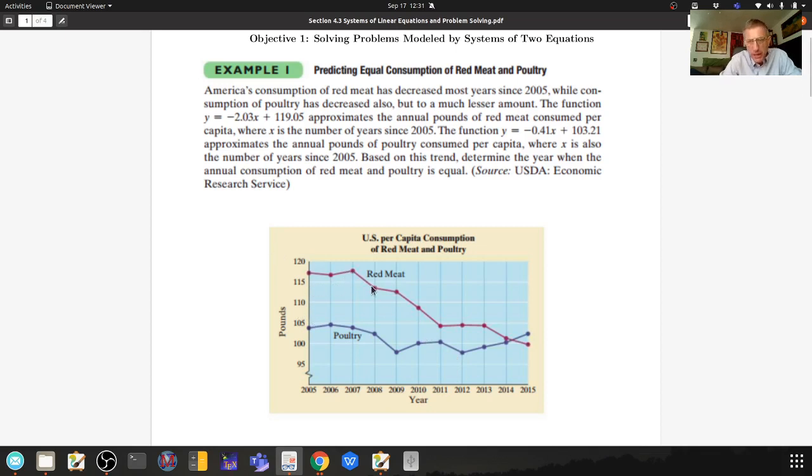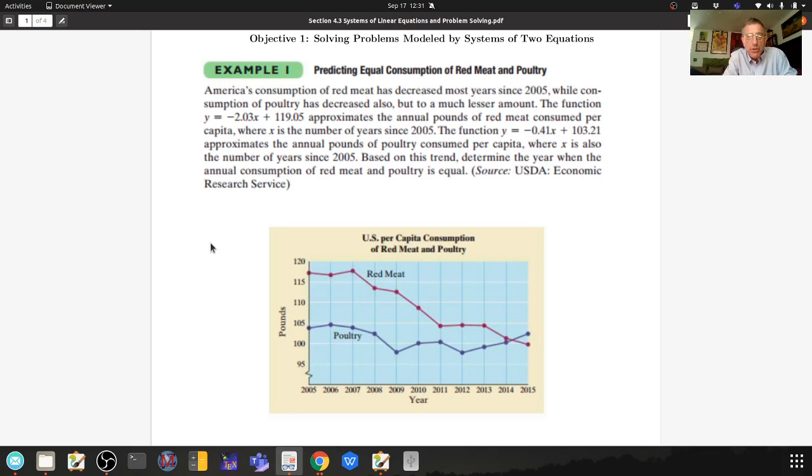So the red line deals with consumption of red meat, meaning I guess beef, cows. There's more than that, I know, and poultry. So let's just read the problem. America's consumption of red meat has decreased most since 2005, while consumption of poultry has decreased also, but to a lesser amount.